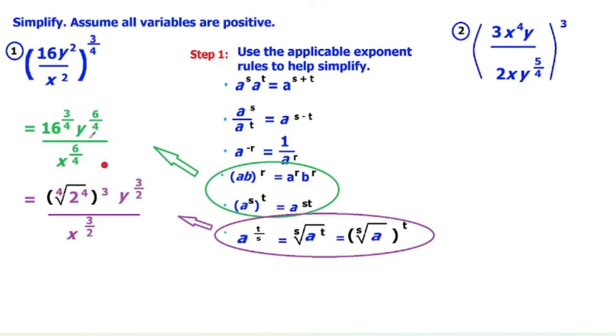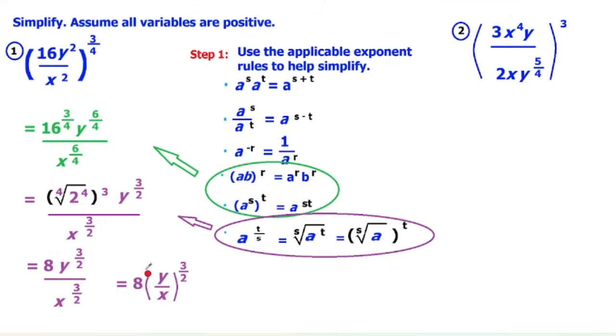And then, of course, we have the cube root outside. So we use this property for the 16 to the 3/4. When we calculate this out, it becomes 8, because these two cancel, we're left with 2 here, and then 2 cubed is 8. So we have 8 times y to the 3/2 divided by x to the 3/2.